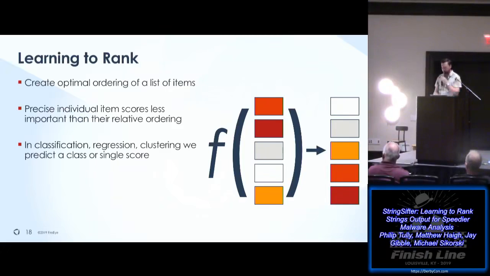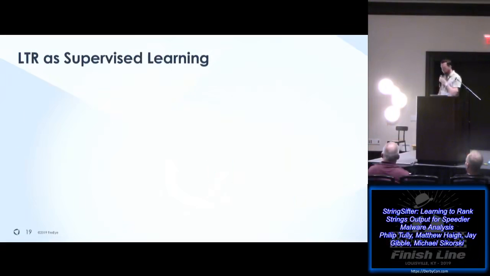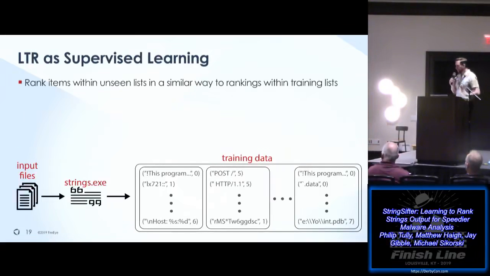Here our task is fundamentally different. And from what I've seen, at least in literature and in various talks, this notion is rarely applied in security applications. And so to make this a little bit more defined here, just like Matt said, we have a series of input files, and we want to run strings over each of those input files and generate a set of training data, right?